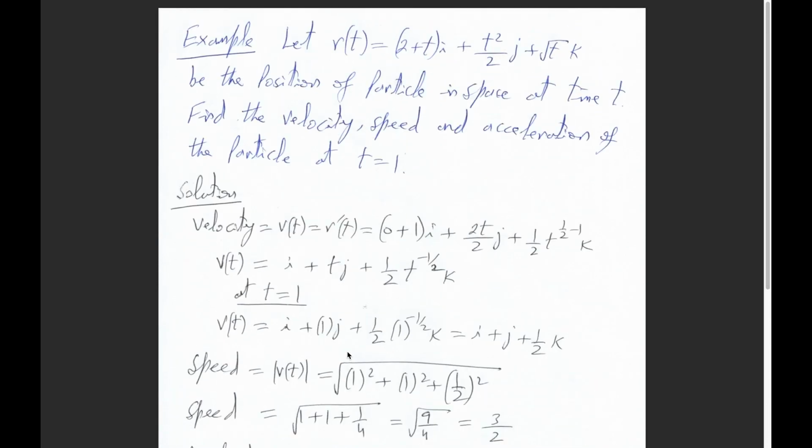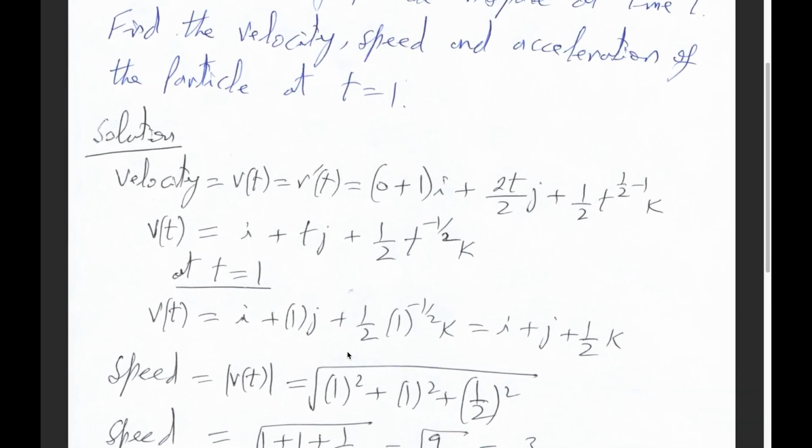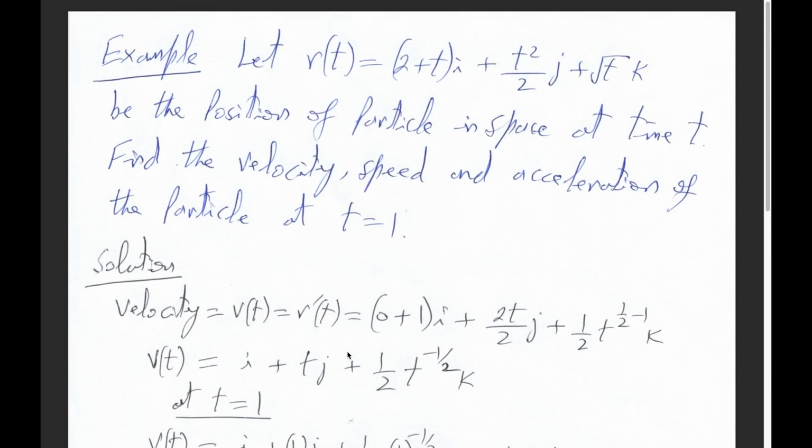Now we can move to another example. Let r(t) equal (2 plus t) i plus (t squared over 2) j plus (square root of t) k be the position of a particle in space at time t. Now find the velocity, speed, and acceleration of the particle at t equal to 1.